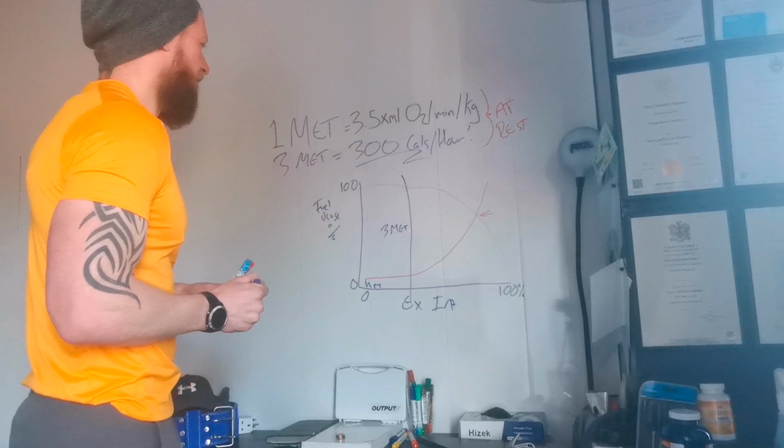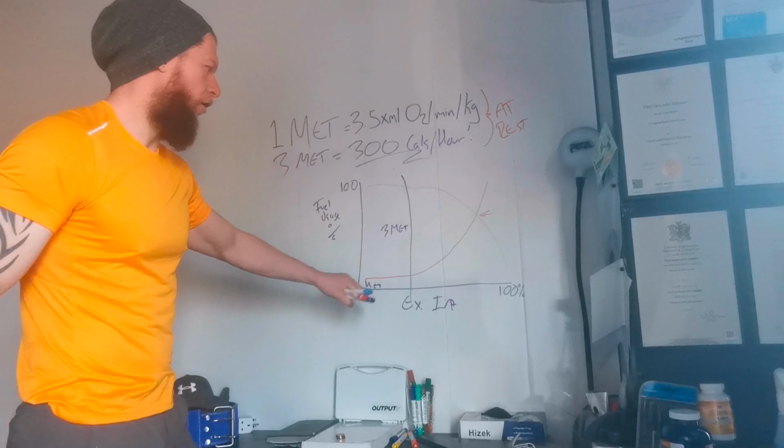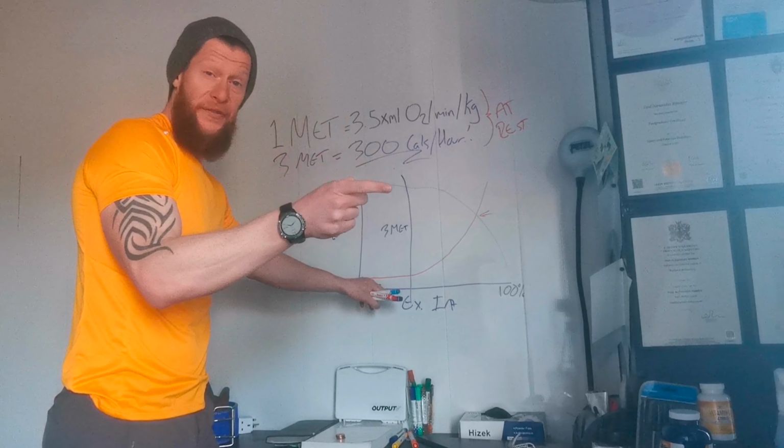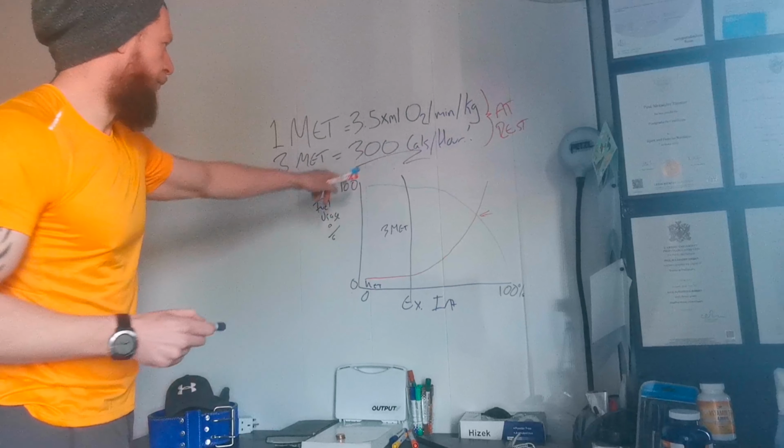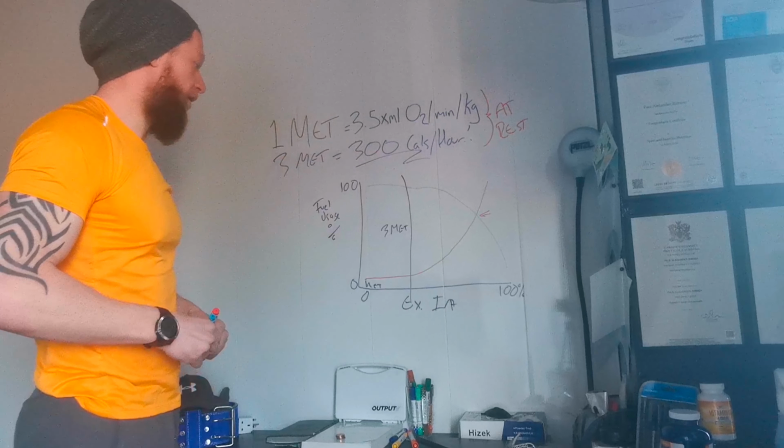Now, what we can do is, if we know at a 3-met activity our relative intensity, which again the compendium comes to the rescue for, what I know is at 3 mets I'm burning 300 calories per hour.